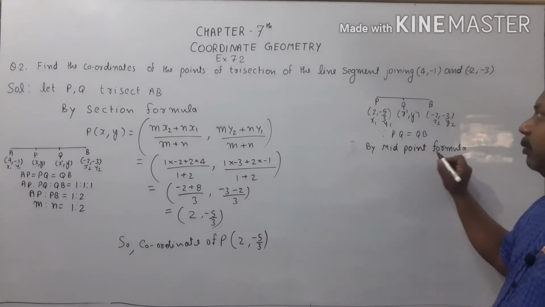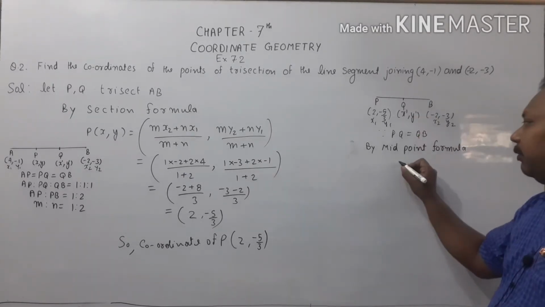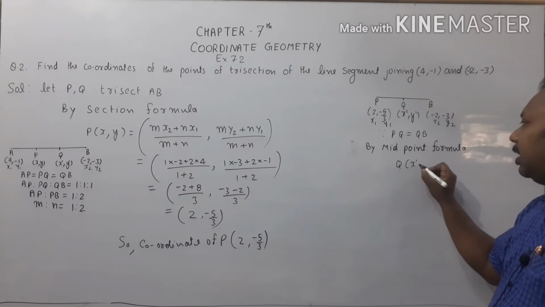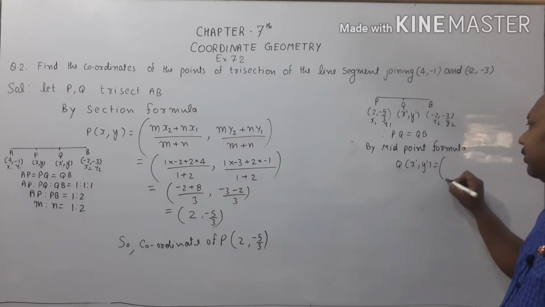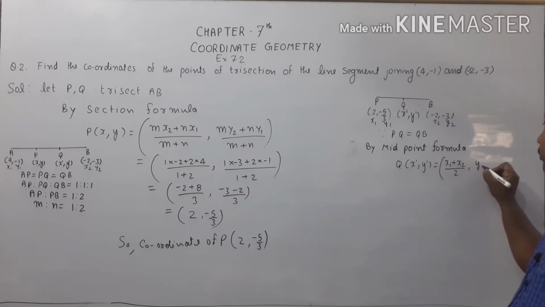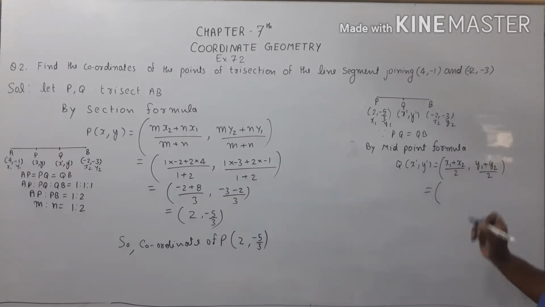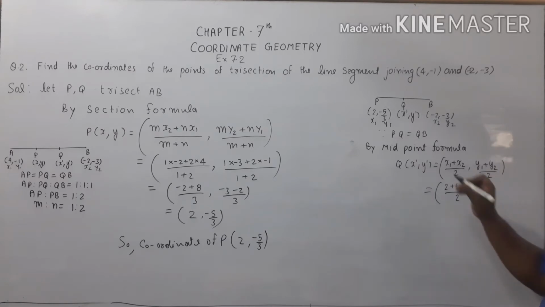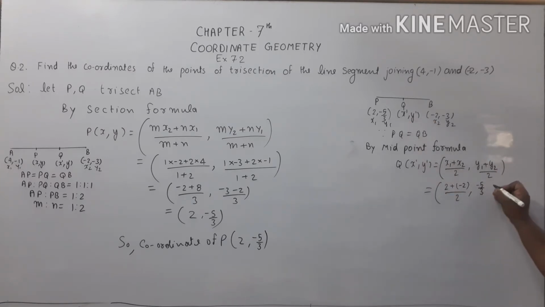By using the midpoint formula we find out the coordinate of Q. So that is Q(x', y') is (x1 plus x2) upon 2, (y1 plus y2) upon 2. We put the value of x1 that is 2, the value of x2 -2 upon 2, the value of y1 -5 upon 3, the value of y2 -3 upon 2.